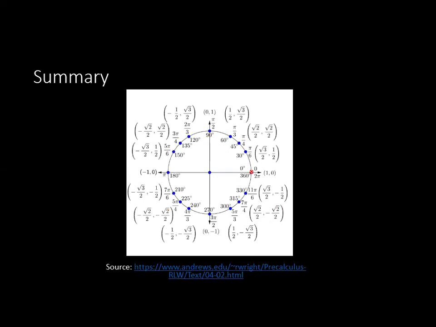If your angle is 0 degrees or any other coterminal angle of 0 degrees, such as 360, you will have 1, 0. If you have 30 degrees or pi all over 6 radians, or other coterminal angles of 30 degrees, you will have the coordinates of square root of 3 all over 2 and 1/2, and so on and so forth.